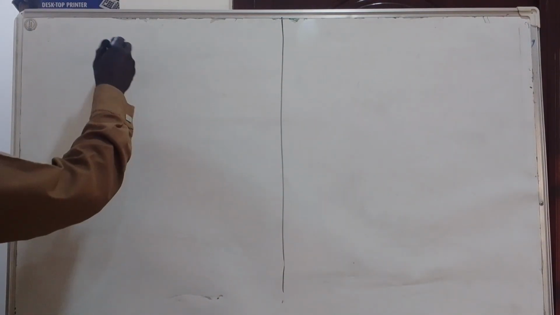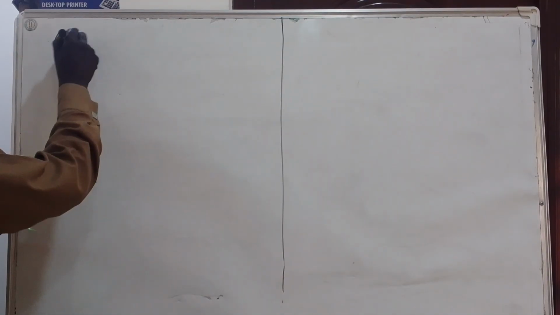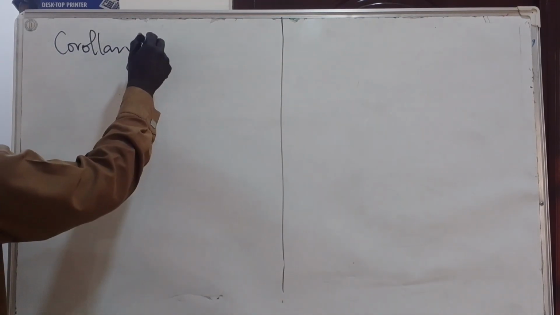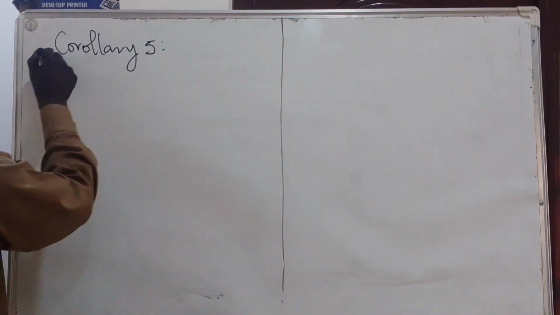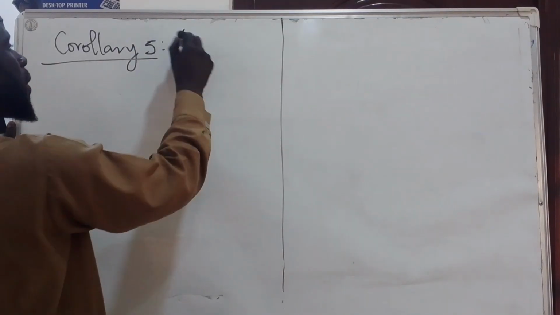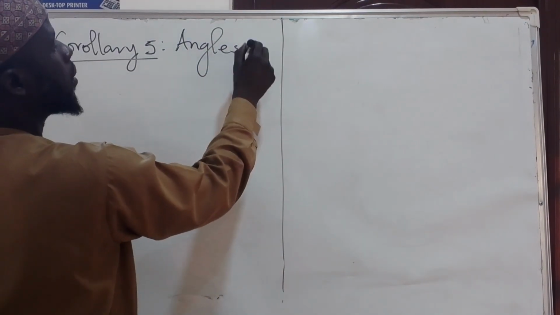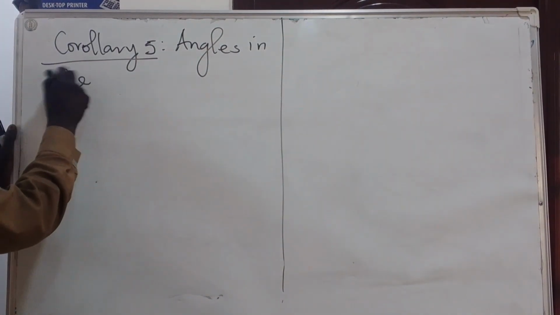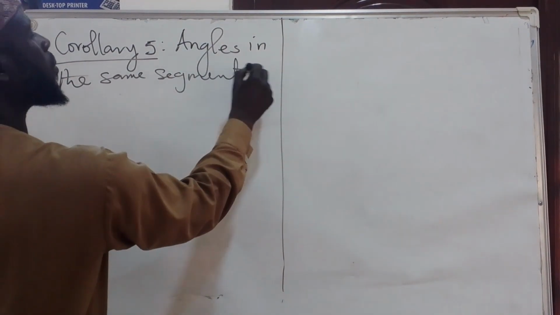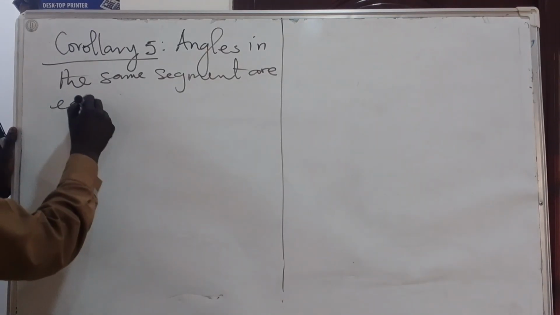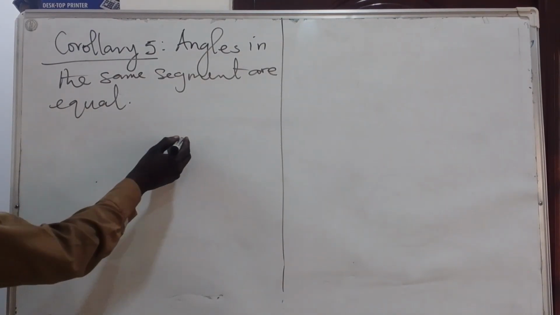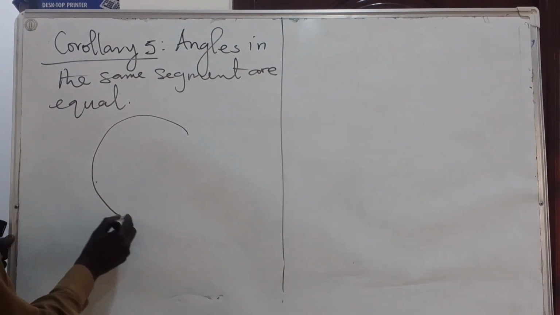So this is also a corollary, corollary number 5. This corollary is saying angles in the same segment are equal. This is what the corollary is saying.